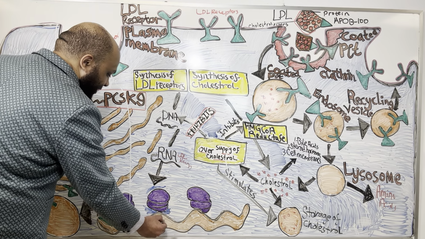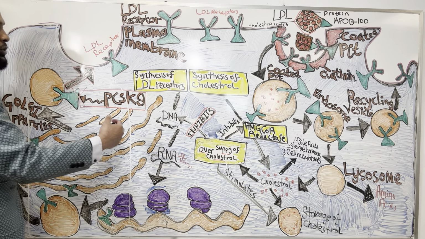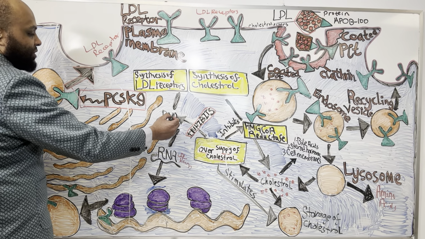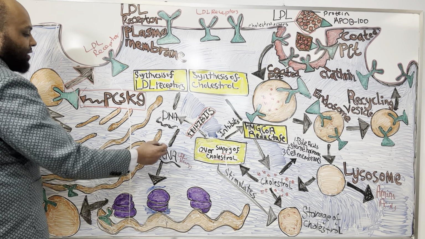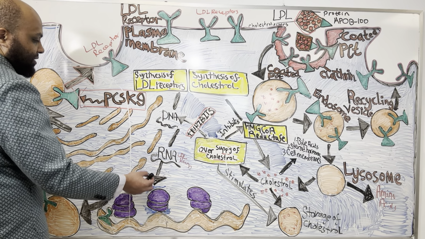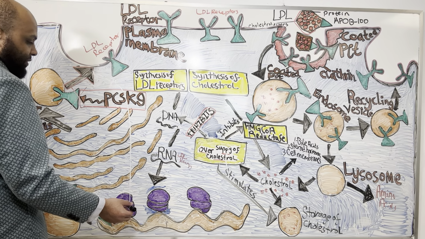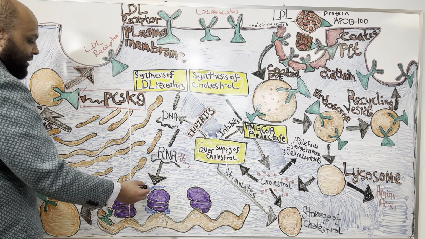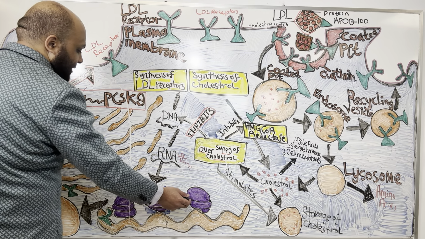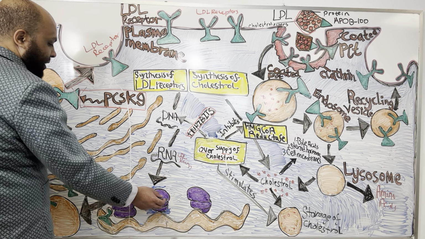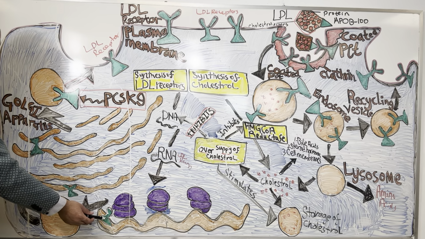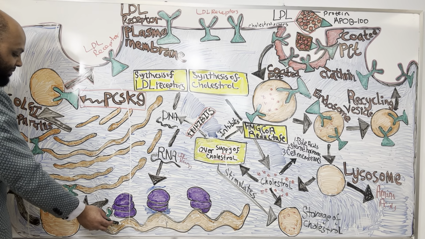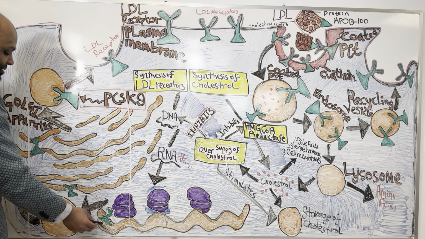That would ultimately be translated in the endoplasmic reticulum, ER. Normally when we don't have cholesterol, the cell turns on the DNA transcription of RNA, and the RNA is translated to give us LDL receptor. The LDL receptor is synthesized in these ribosomes. These purple bodies are the ribosomes on the endoplasmic reticulum, and the green LDL receptor is made in the endoplasmic reticulum.